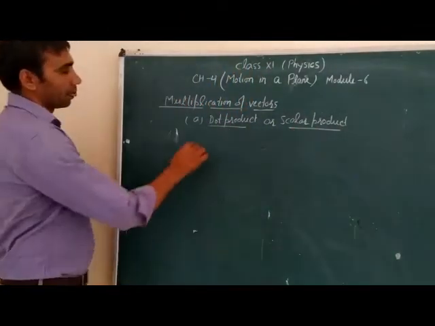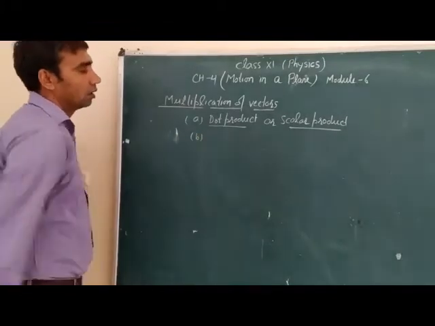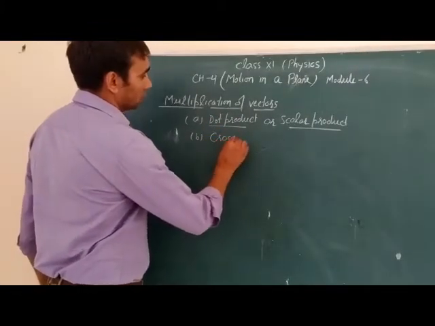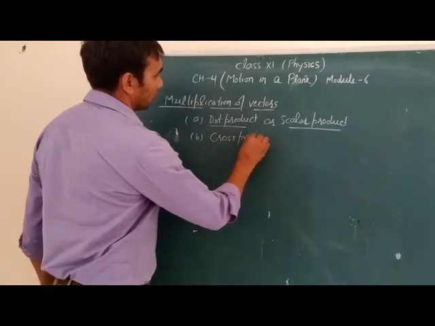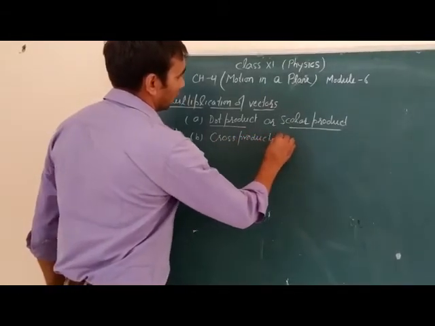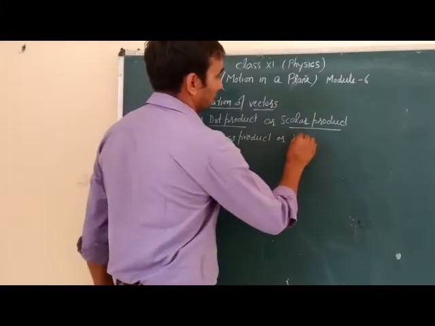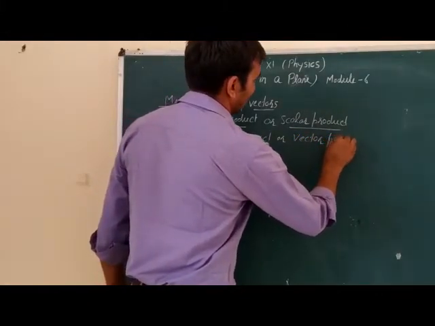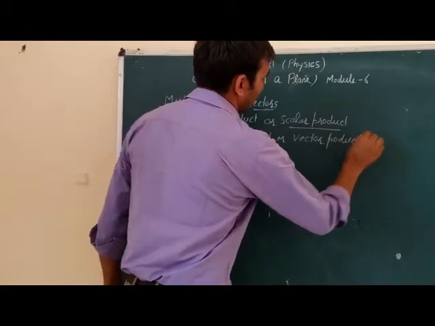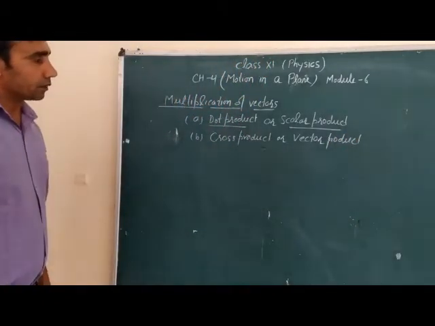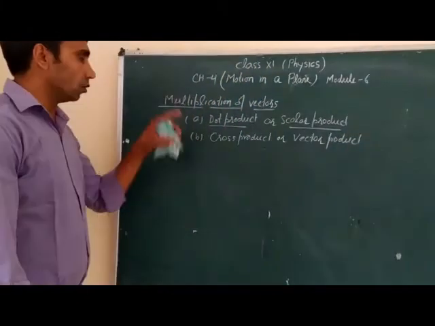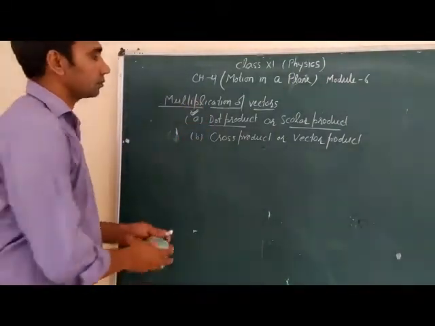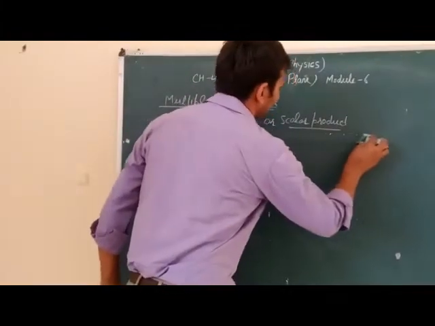In the second rule, we discuss the cross product, or vector product. So one by one we will discuss both. The first one is the dot product of vectors, or scalar product of vectors.